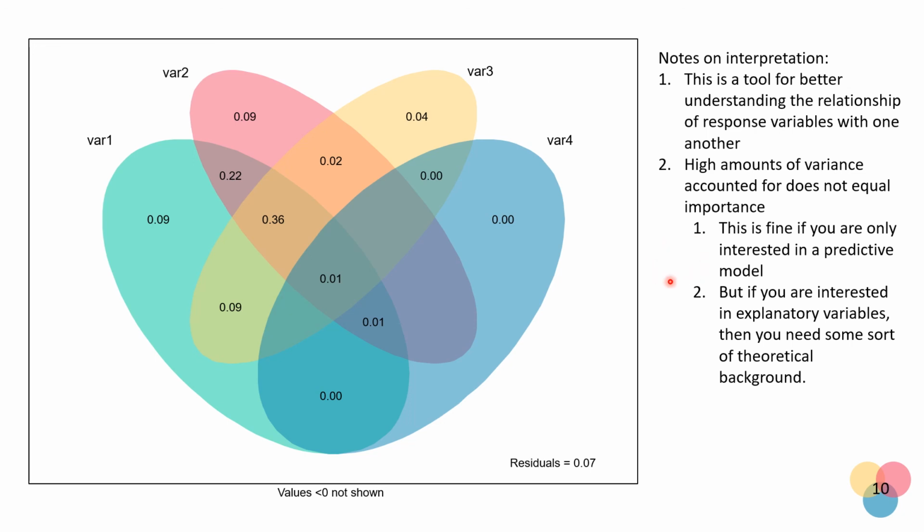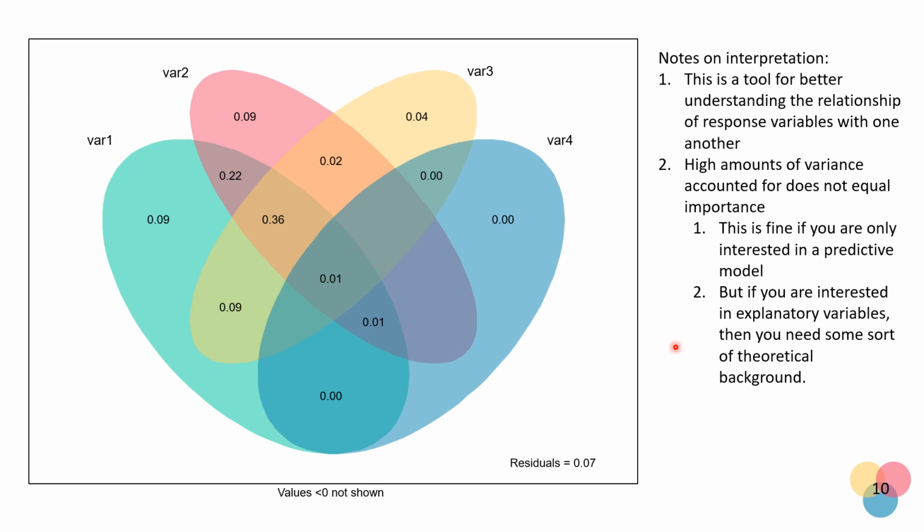If you are only interested in a predictive model, this isn't actually too big of an issue, but if you are interested in trying to say how these variables explain your response variable, as with any regression-based analysis, you do need some sort of theoretical background, because otherwise these could just be casual relationships that you are seeing.